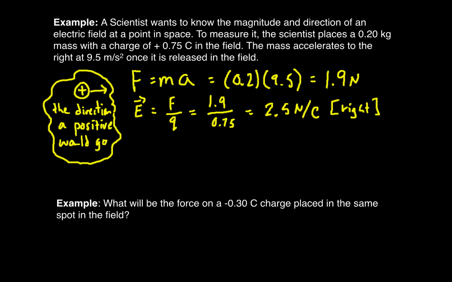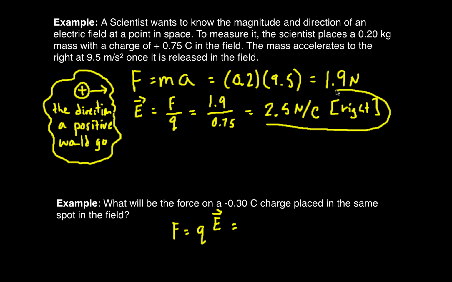We're going to do a second example using a negative charge so you can see the difference. What will be the force on a negative 0.3 coulomb charge placed in the same spot in the field? Since we know the force on electric charge equals the charge's amount times the field at that location. We already know the magnitude of the field at that location.